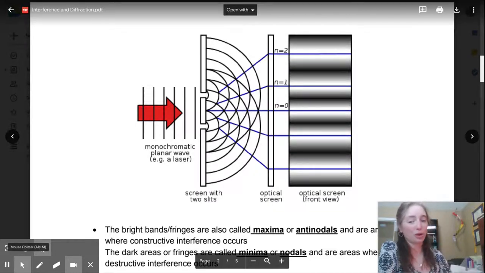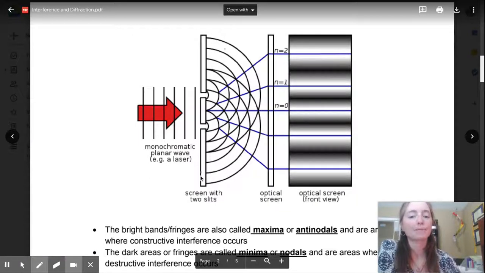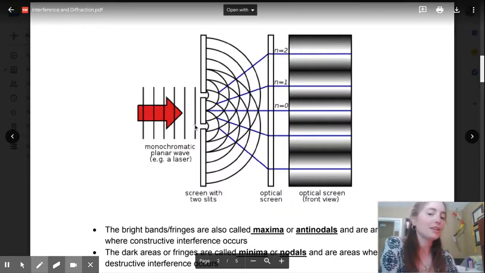All a diffraction grating is, with Young's double-slit experiment, is that you have lots and lots of slits, many little slits instead of just two. They do a really good job of explaining why we see the dark slits and the light slits. So I'd watch that video and then come back to this one.